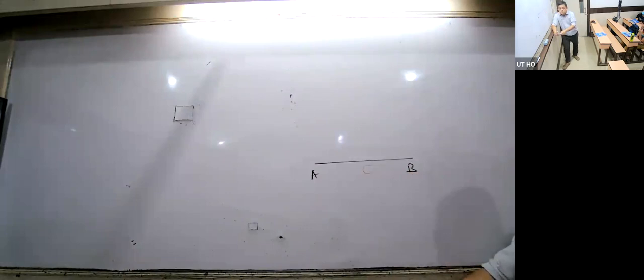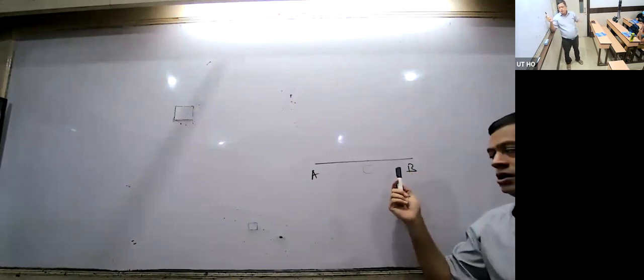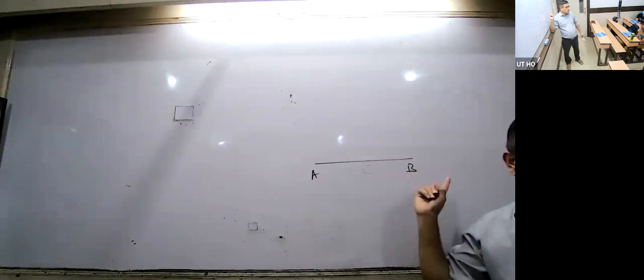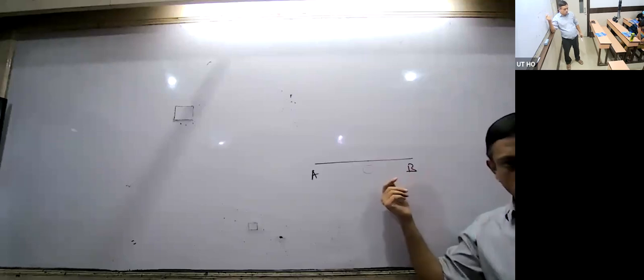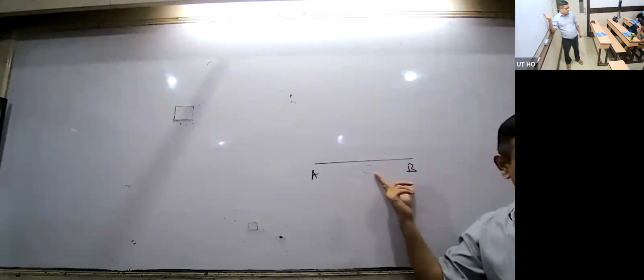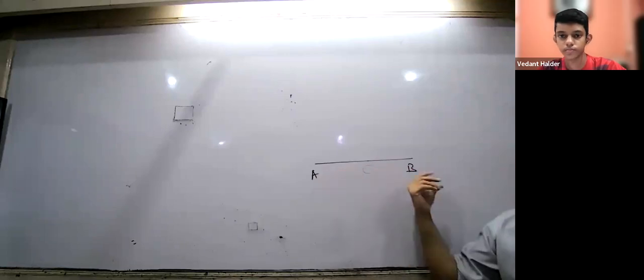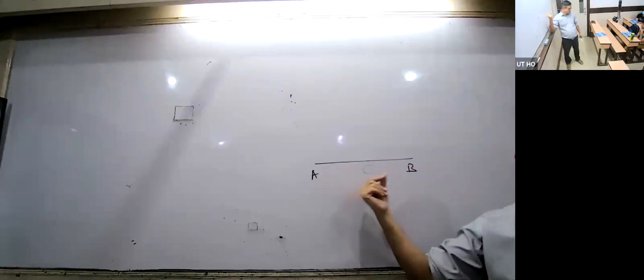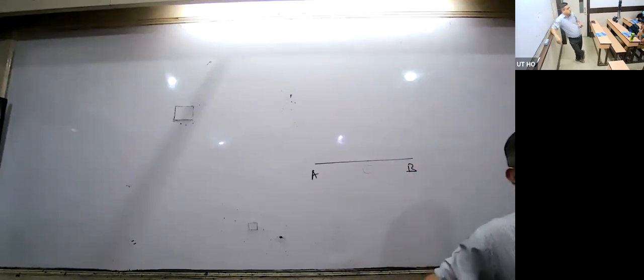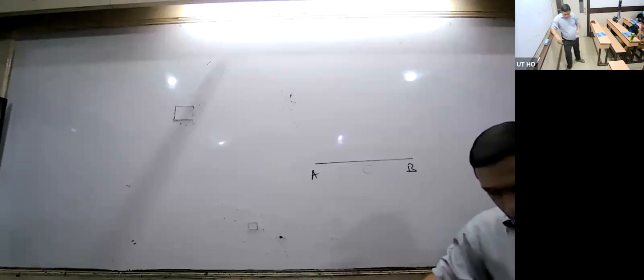If AC is equal to BC, and another condition, AC is equal to half of AB, BC is equal to half of AB, or AB is equal to 2AC, AB is equal to 2BC. All of these mean C is the midpoint. Any way you can write it, they're all the same thing. Clear?